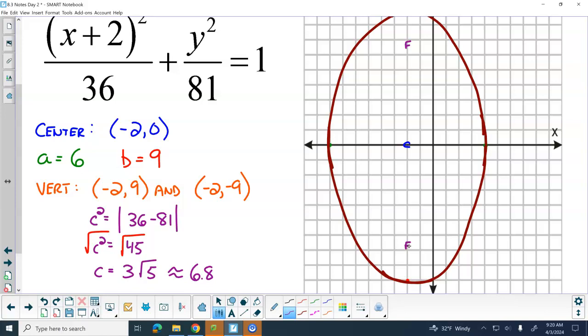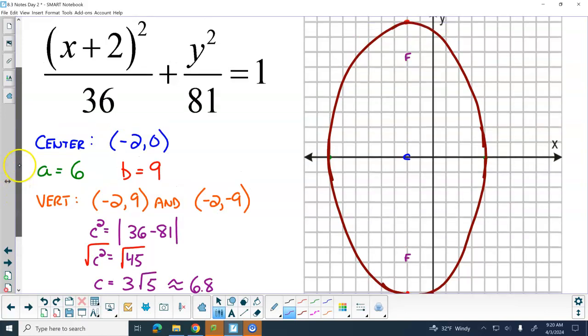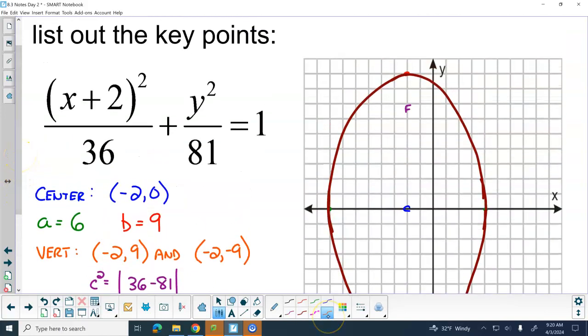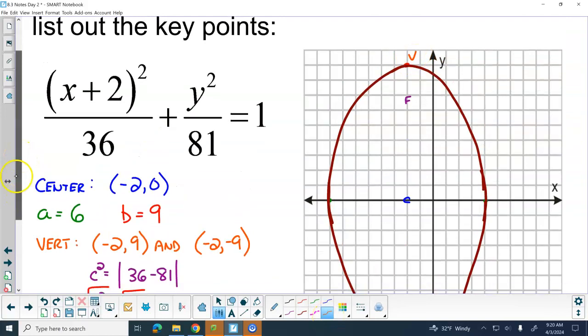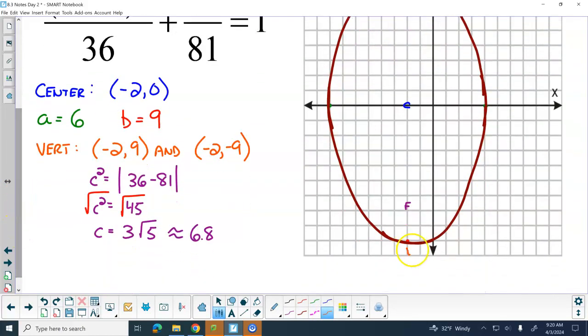Okay, put a V there just so you got it marked on your graph. Split like the square root of 45 for there, yes, but not for this next part, because now we're going to come up with the actual coordinates of the foci.